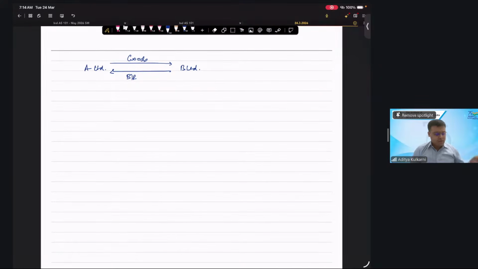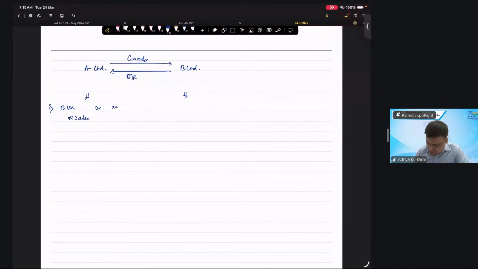Now let us try to understand this. What would be the entry under accounting standards? First one, B Limited account debit to sales.